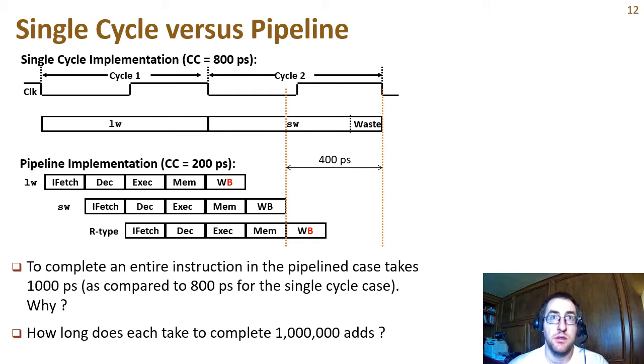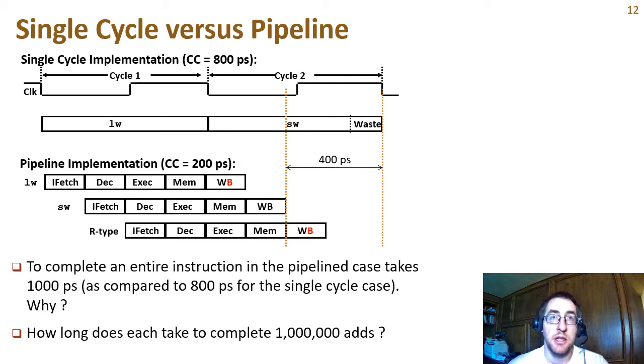So we've got those 1,000,000 adds, and so we're going to have n, which is 1,000,000, plus 4 instructions. So now each stage takes 200 picoseconds. So it's n plus 4 multiplied by 200.